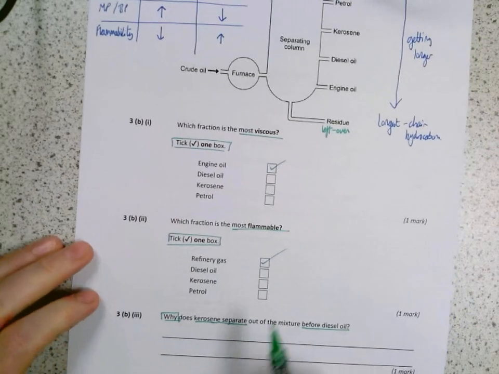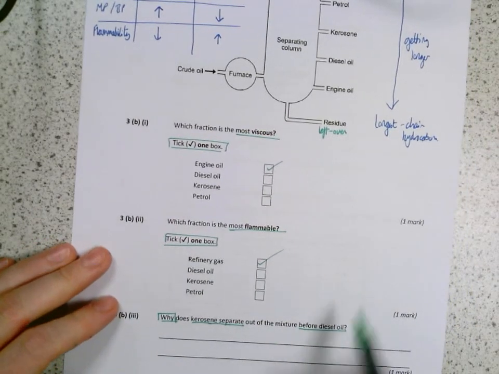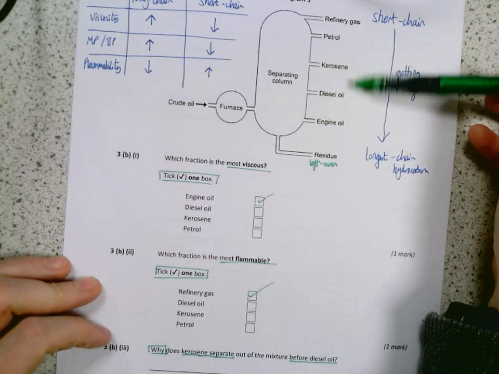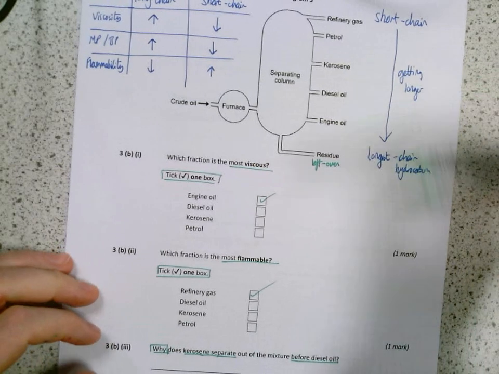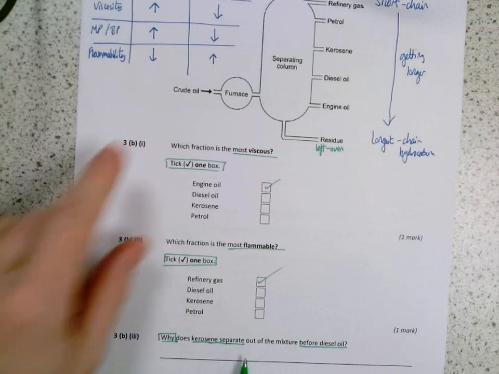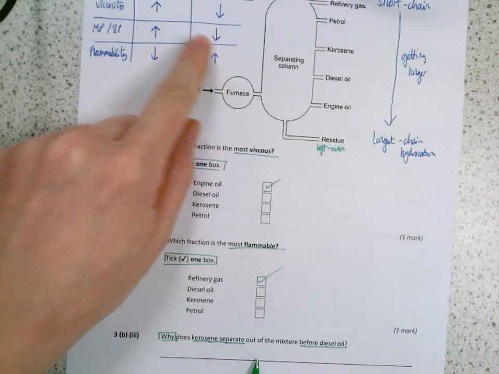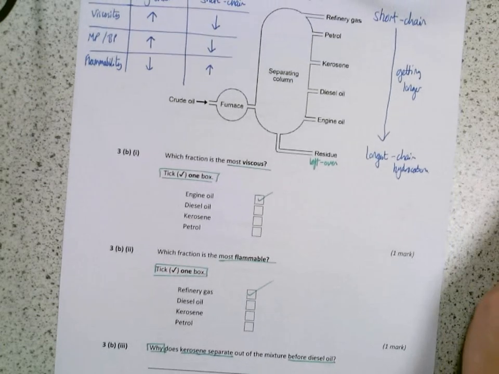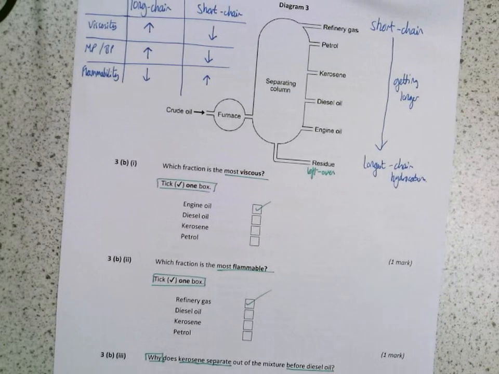Why does kerosene separate out of the mixture before diesel oil? Okay. I mean, actually, interestingly, some of you might have spotted this. I've got it the wrong way around here, but that's fine. We can use our knowledge here to answer that question. Why does kerosene separate out of the mixture before diesel oil? Well, it condenses first.